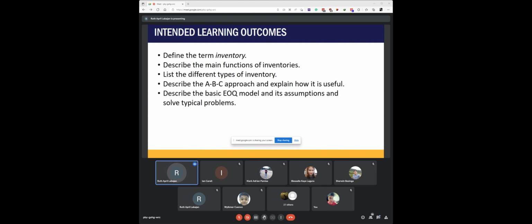Then how we classify inventory according to its importance, using the ABC approach. And lastly, we wanted to describe the basic economic order quantity model and how it is used to derive optimal order quantity, which is very important in inventory management.